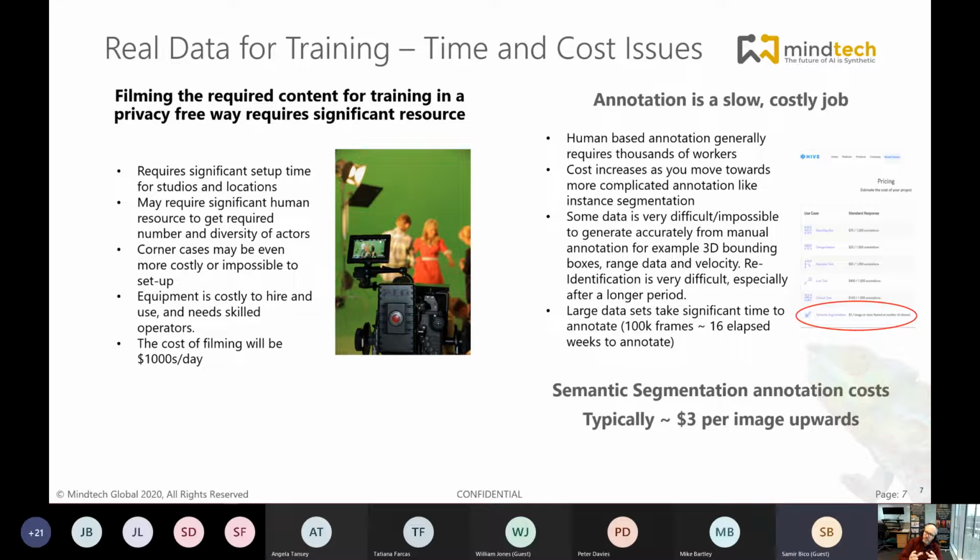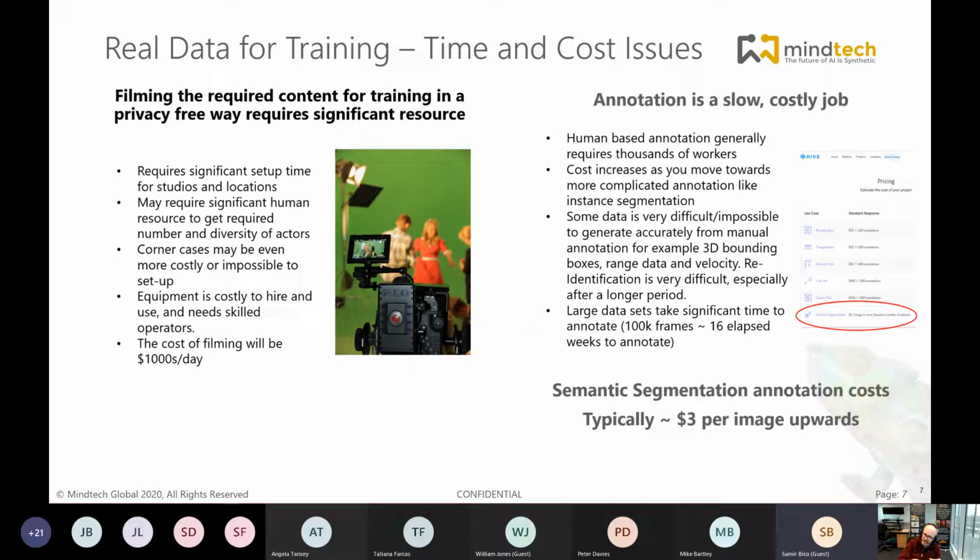As I mentioned, the traditional way to get real world data is to get real world data. That either involves scouring the web, which is very fraught with issues around the rights to it and whether you can do it or not, or you end up setting up your own systems for recording. This obviously has a lot of advantages.